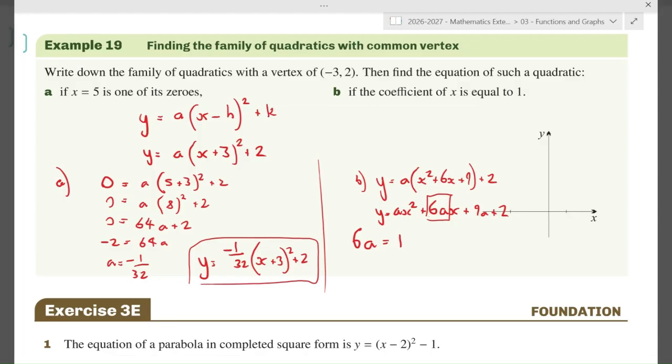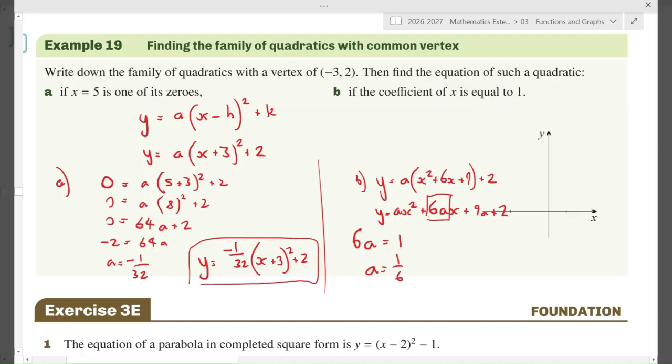Why is it 6a? The coefficient of x is the number in front of x. We don't know what a is yet. We need to find what a is. a equals 1 over 6.